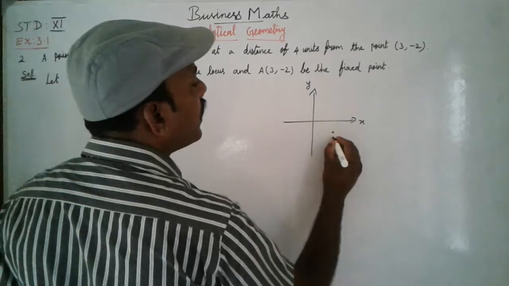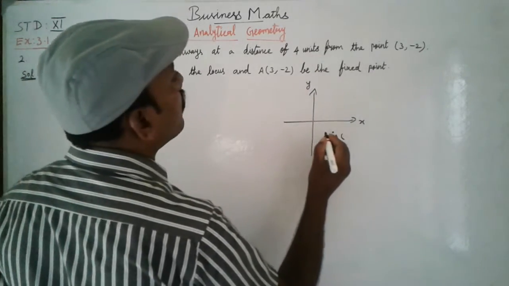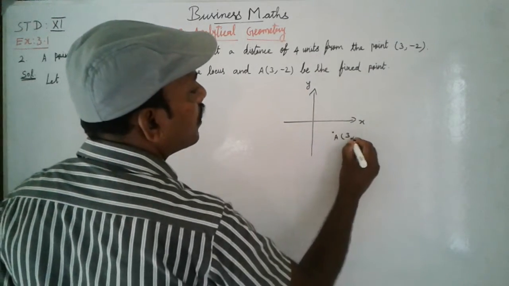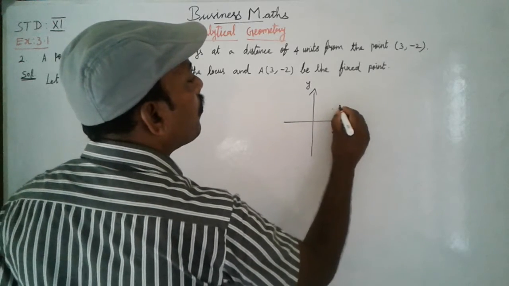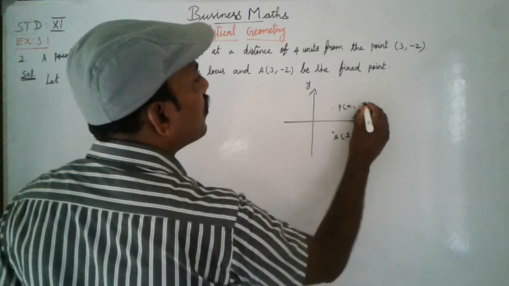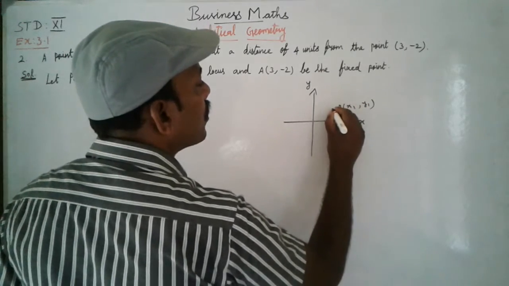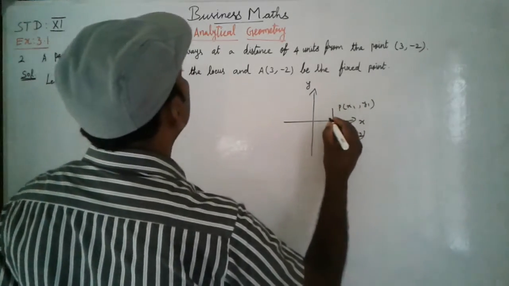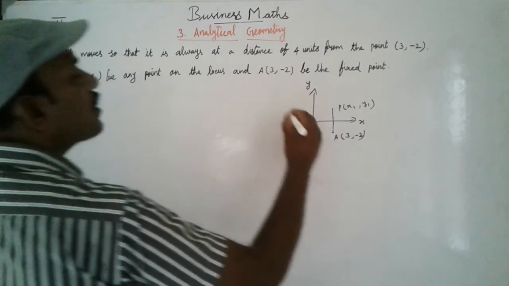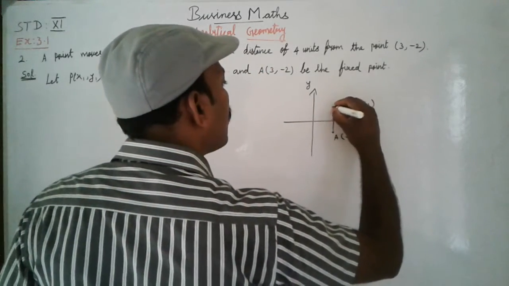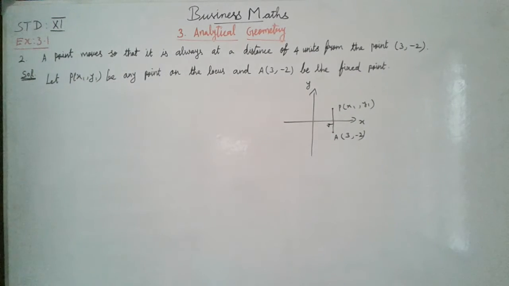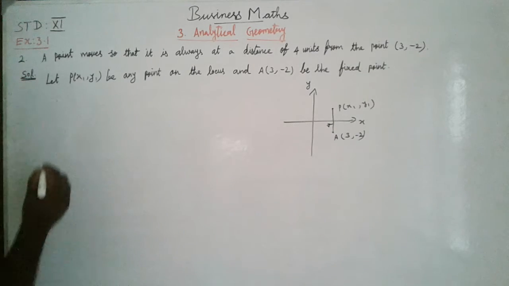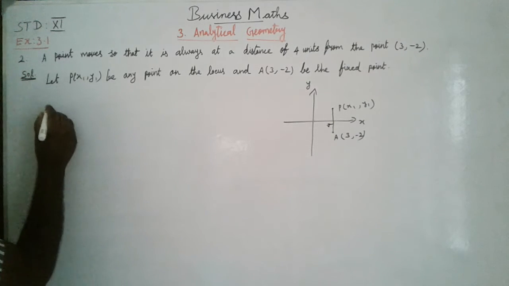Fixed point A of 3 comma minus 2, P of x1 comma y1. The locus is at a fixed distance, always 4 units. Then we should find out the locus of P.